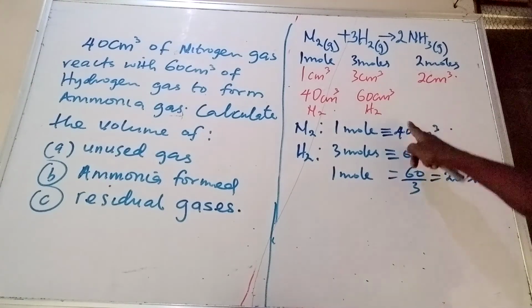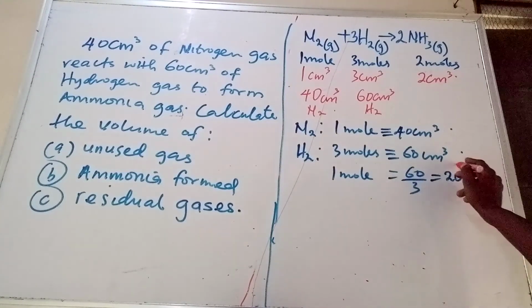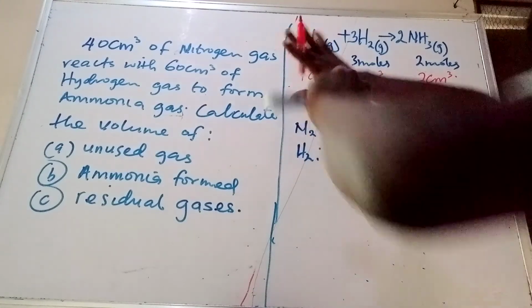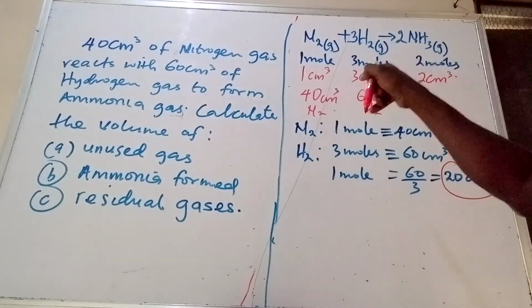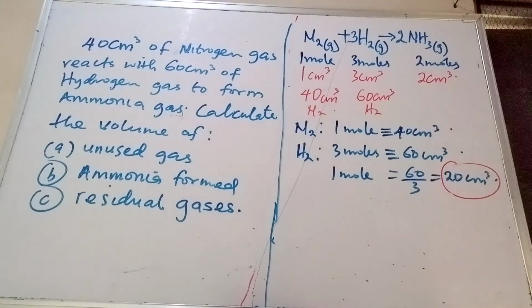So we have to pick which of these two will be set as standard, and that is the smaller one. Take note of that. You take the smaller volume. That means we will agree now that any gas here, 1 mole of it will be equivalent to 20 cm cube.